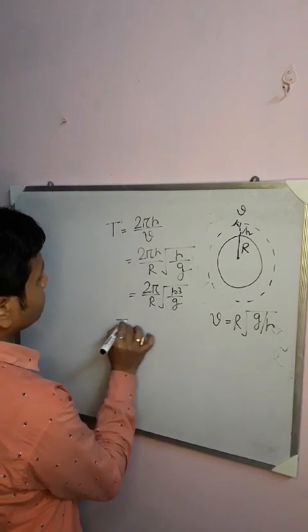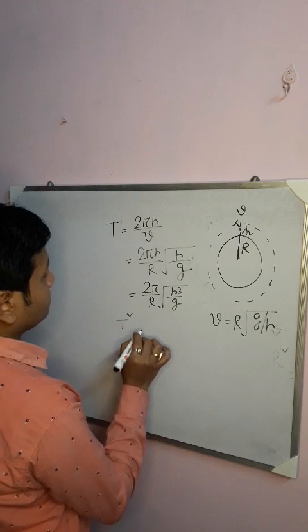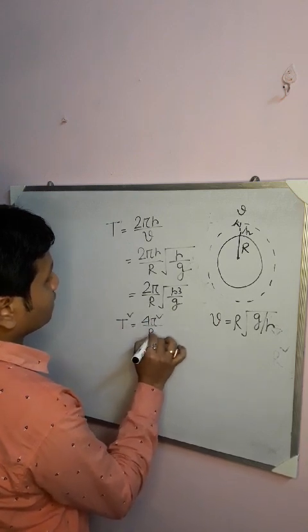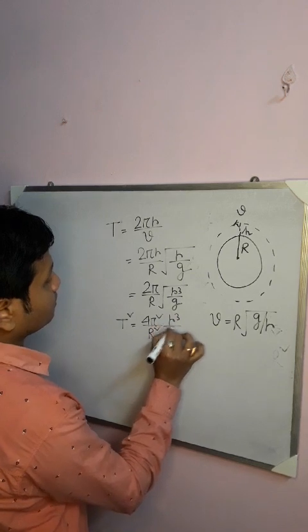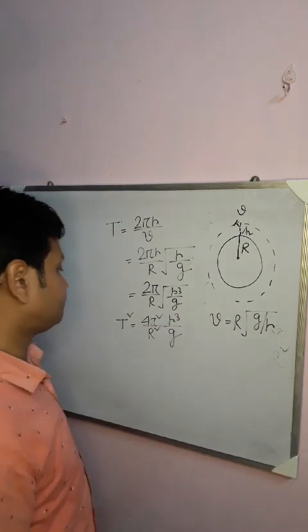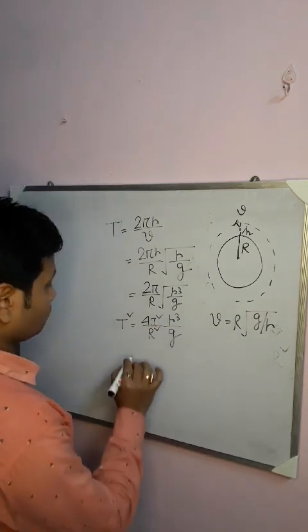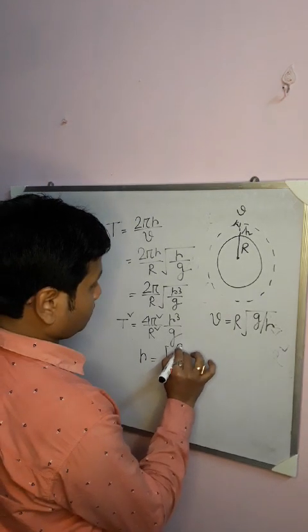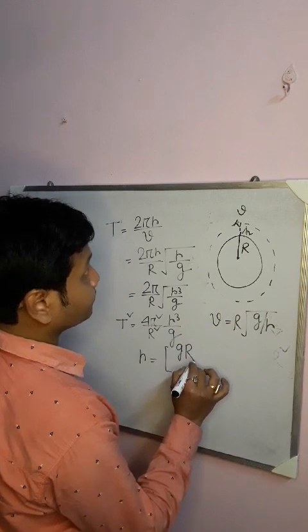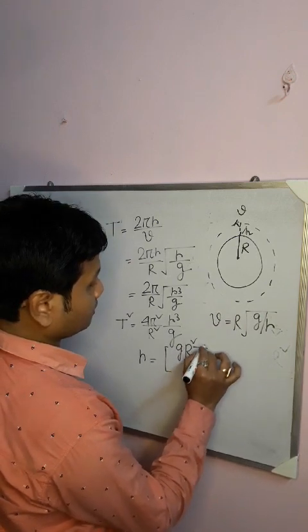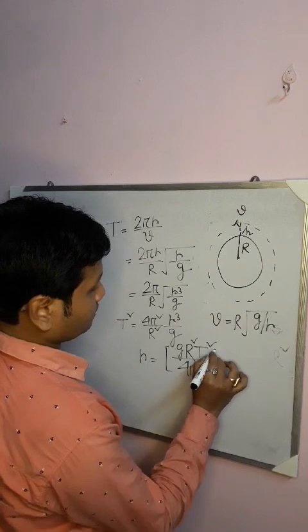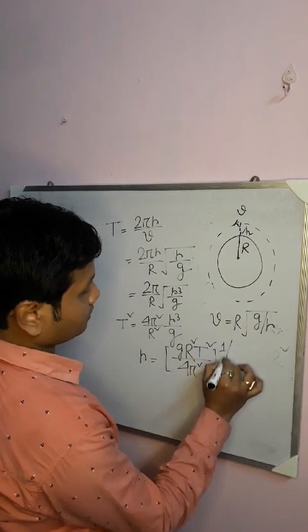So t square is 4 pi square by R square into r cube by g. Now from which you can easily write r as g into R square into t square by 4 pi square, to the power 1/3.